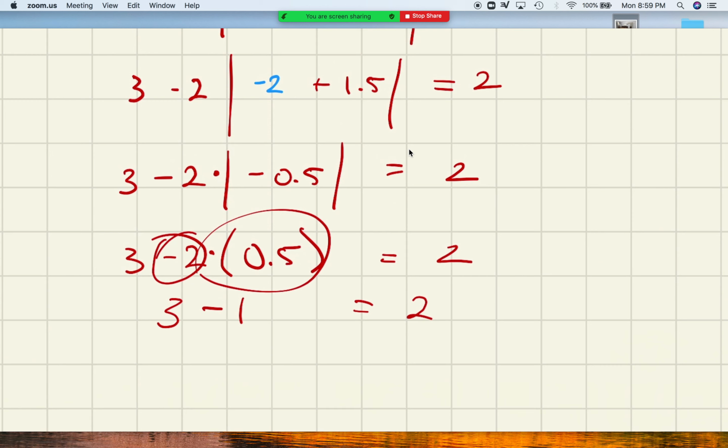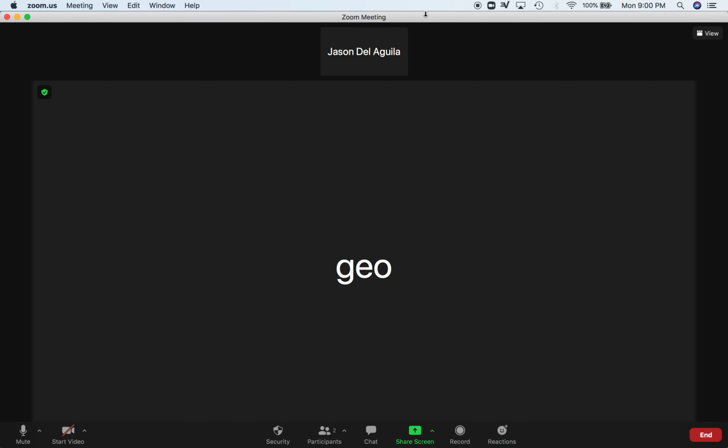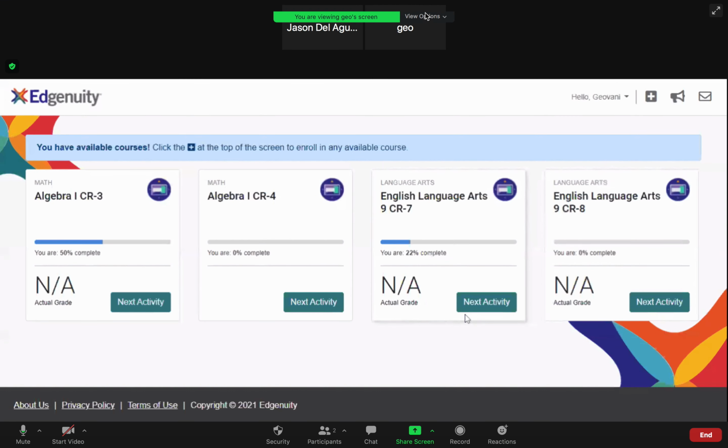So negative 2 times 0.5 is negative 1, and so it becomes a 3 minus 1. Hopefully, we'll see more. But it's just plugging in stuff. I did need to remember to always change the absolute value to positive. It's changing negatives to positive, and if it's already positive, it stays positive. That's what absolute values do.